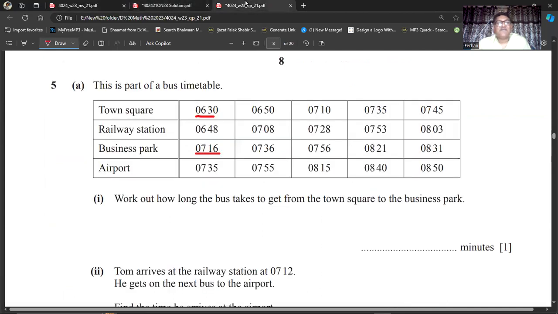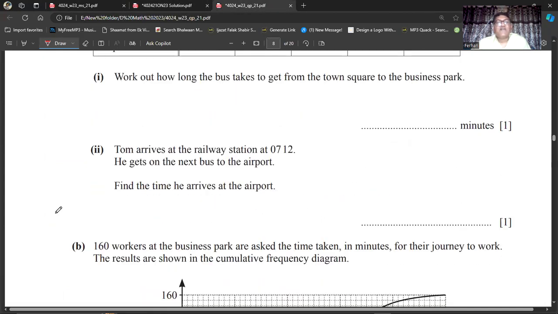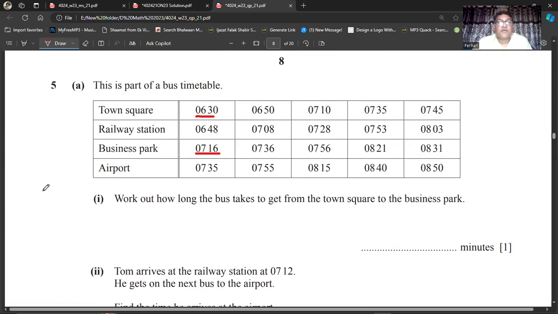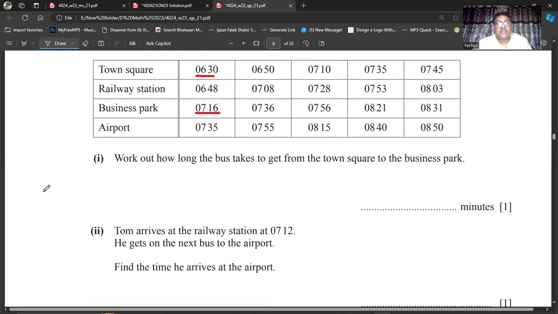Question number 5, A part, first portion. Then we have question number 5, A part, its second portion. It says Tom arrives at the railway station at 7:12. He gets on the next bus to the airport. Find the time he arrives at the airport. So Mr. Tom is at the railway station at 7:12, and then he takes a bus for the airport.